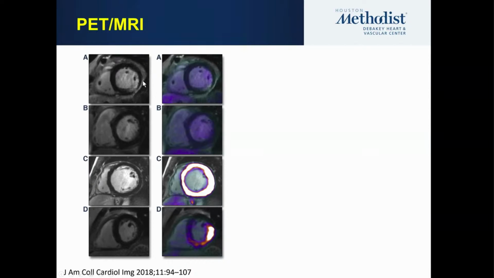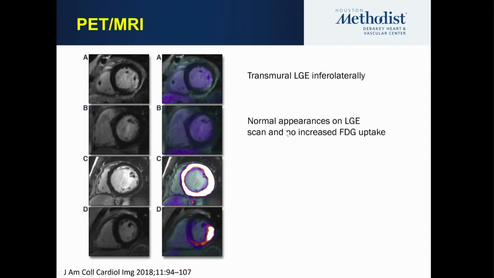Like this is a patient with subendocardial scar. This is a transmural late gadolinium enhancement from an infarct. These two studies are normal, so this is a normal scan. This is a patient who has a normal MRI and diffuse FDG uptake, and this is a patient who is poorly prepared.